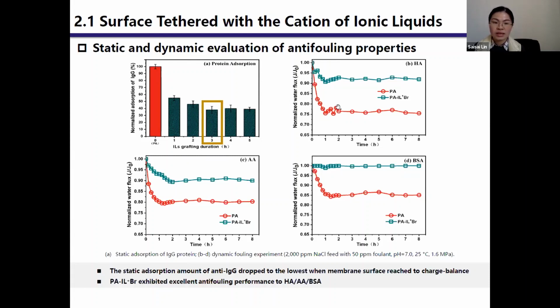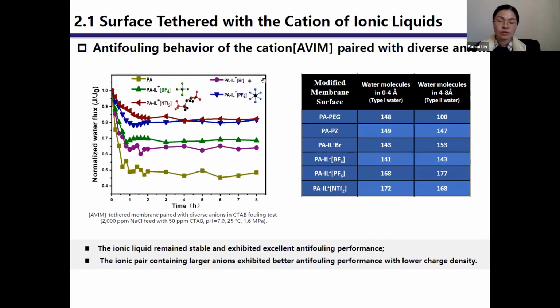And for the dynamic evaluation, for HA, SA, and BSA, in the single foulant dynamic antifouling process, the flux of the modified membrane stabilized at near 95%. So we think the cation modified membrane exhibited excellent antifouling performance.